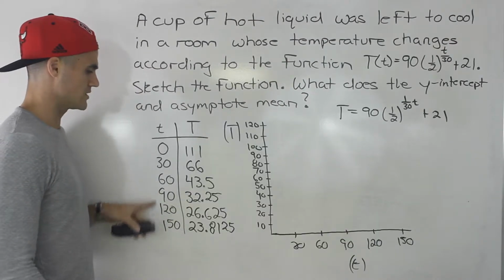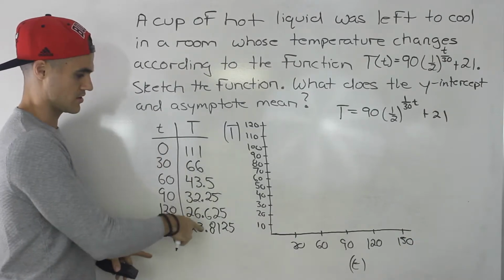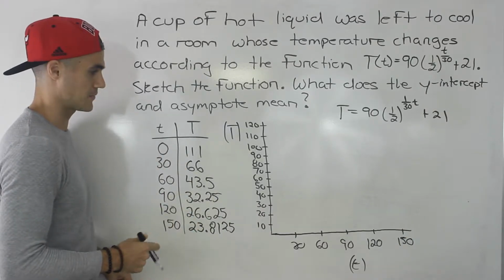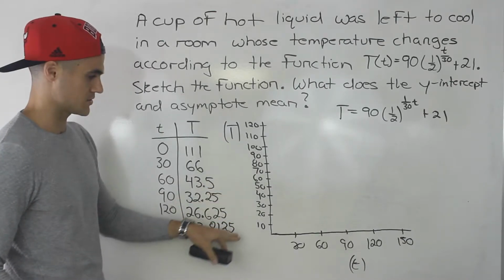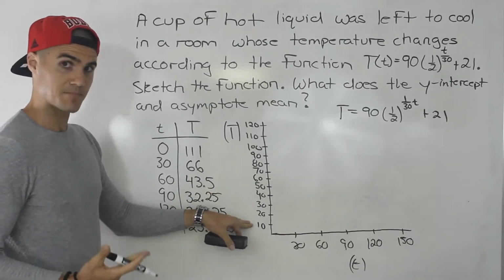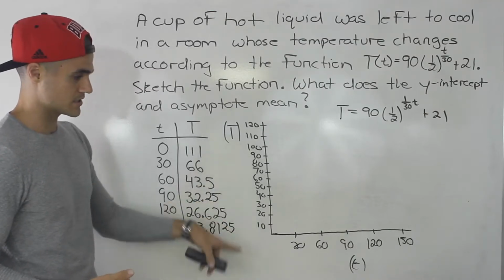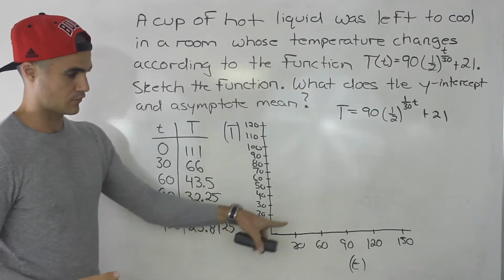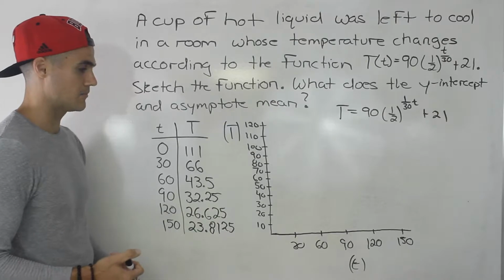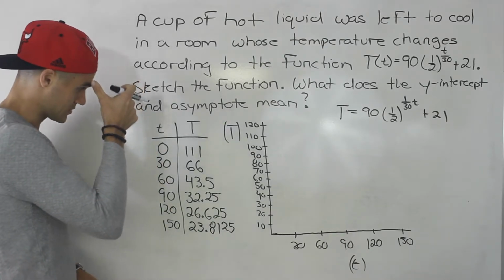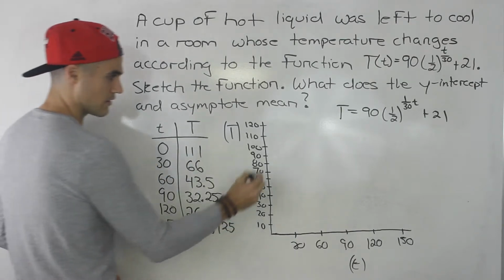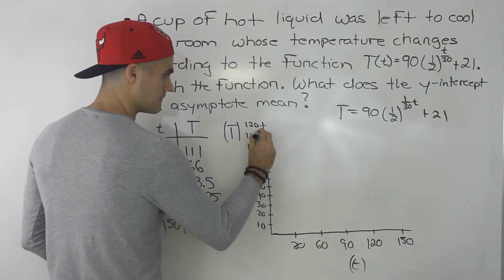So when we plug in all these numbers for t into the function, these are the corresponding temperatures that we get. I'm going to take these points and plot them on this diagram. Here are the temperatures, the dependent variable, where I went up by 10 degrees. And for the time, the independent variable, I went up by 30 minutes. Let's plot these here. 0 and 111, that would be up here.